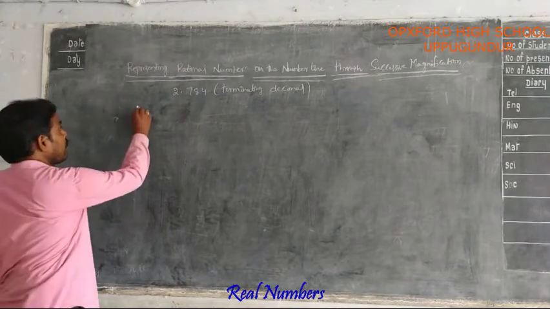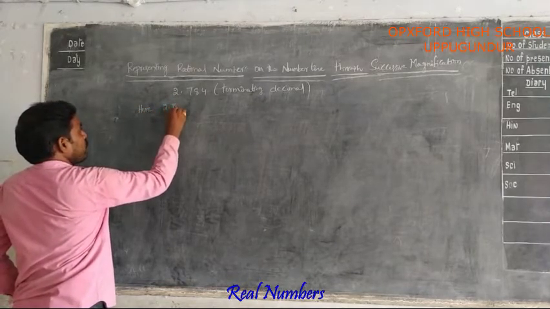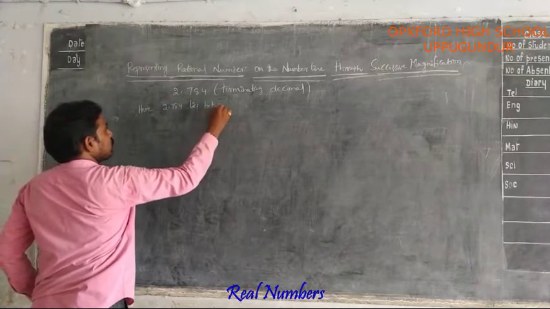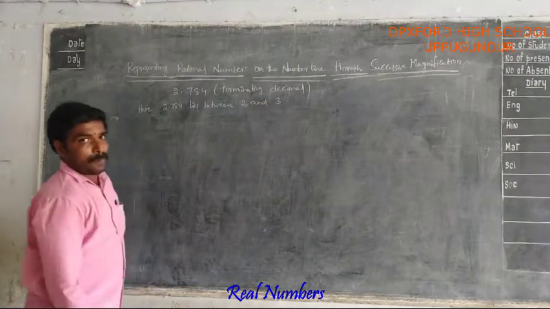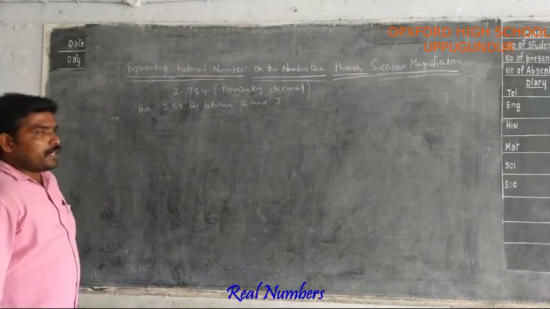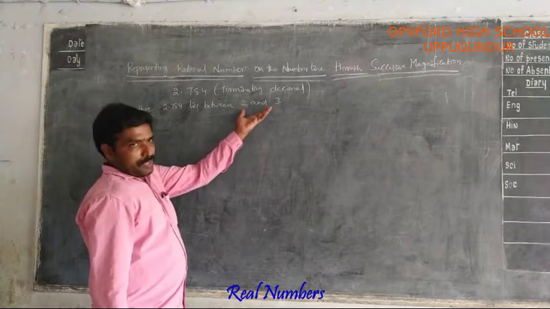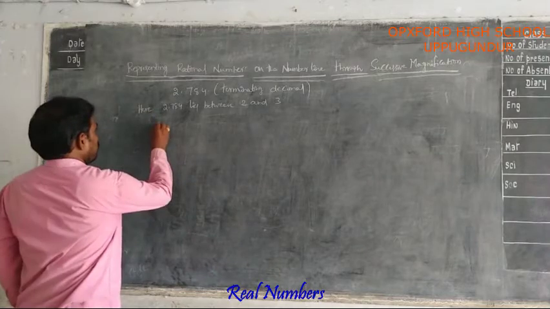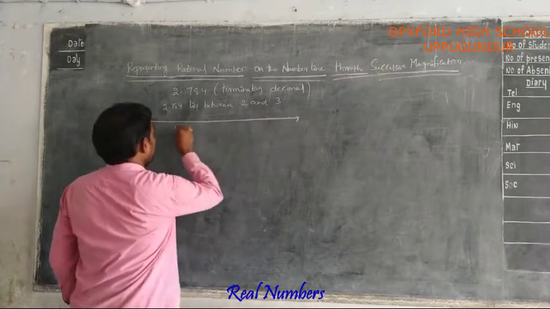So here 2.784 lies between 2 and 3. So this value lies between the integers 2 and 3. That's why we have to divide the interval between 2 and 3 into 10 equal parts. Suppose this is the number line.